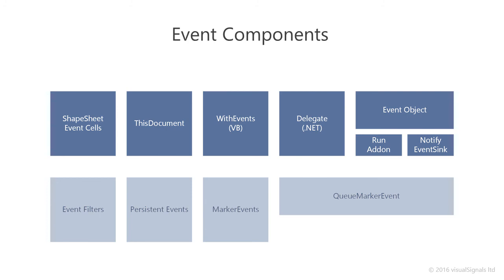This extends to the shapesheet, again where you can't call the add-in directly, but you can call the queueMarkerEvent add-on using the run add-on with args shapesheet function, and since 2002 this has been wrapped up into its own standalone shapesheet function called, you guessed it, queueMarkerEvent. So the key takeaway for all of the aspects of queueMarkerEvent, the application method, the add-on, and the shapesheet function, is that it allows an add-in to be run almost directly, and most significantly directly from the shapesheet.